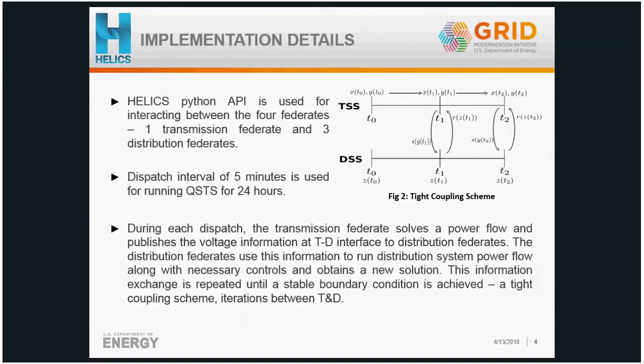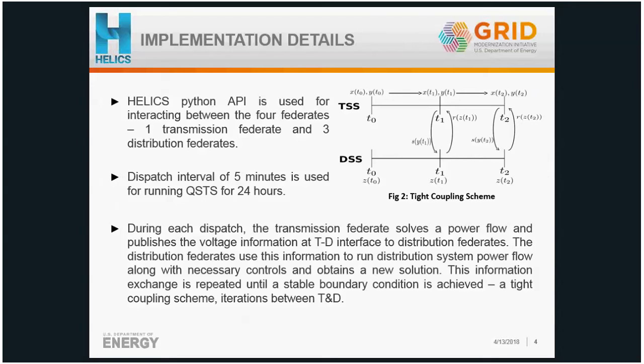Once I do that, we do know that the loads of the distribution system are voltage sensitive, so they change as a function of voltage, right? Depending on the PCC voltage that we set, we're going to get some level of complex power injection at the PCC. So we take that information and transfer it back to the transmission system simulator, and we iterate this process until we get a stable boundary condition, right?